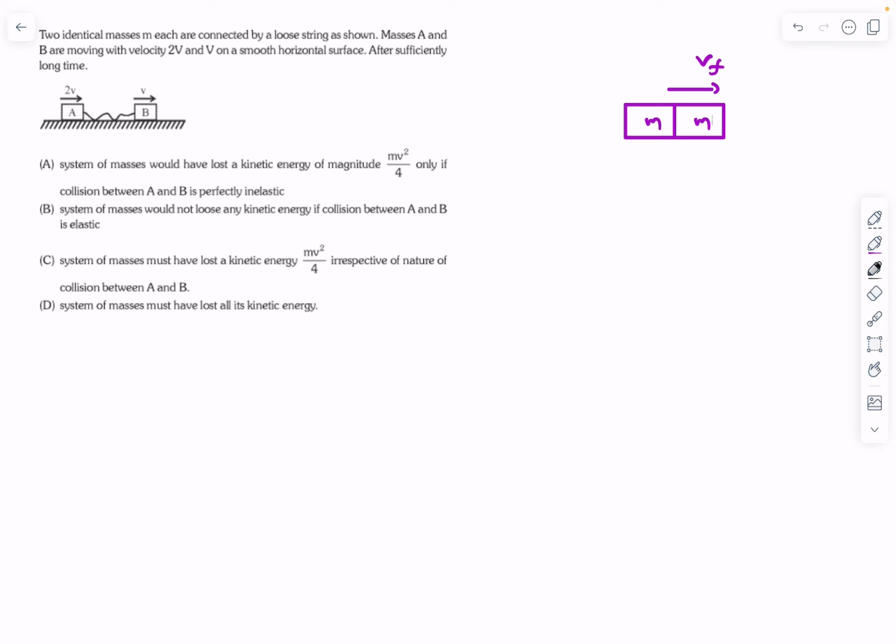But there is a way to directly write this if you observe it in the center of mass frame. Okay, guys, when you use this, you need to keep in mind something. The kinetic energy of any particle is a frame dependent quantity, right? Because the kinetic energy depends on the velocity, and the velocity is frame dependent.